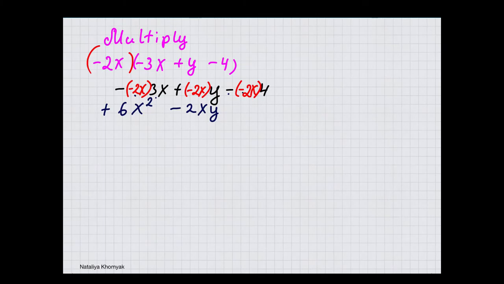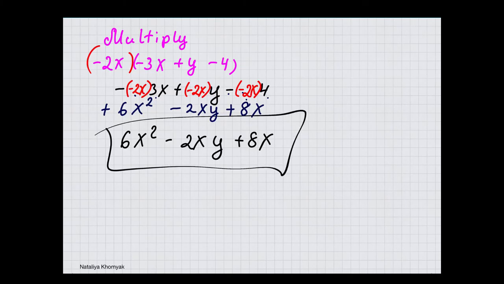Negative times negative, positive, 2 times 4, 8x. And since usually they do not write plus in front of the leading number, 6x to the second minus 2xy plus 8x will be our answer.